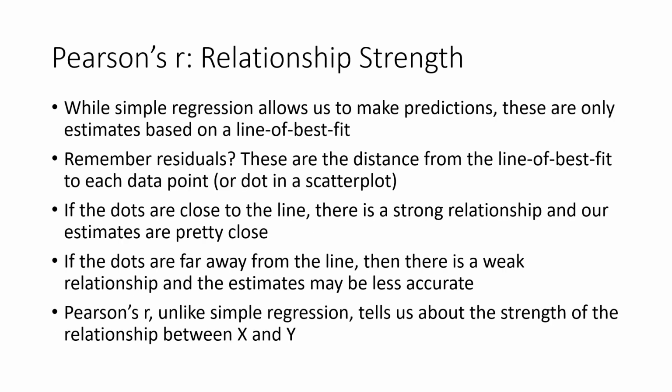Okay, so we've just gone through an example of how to use simple regression to solve for b, our coefficient, and a, our y-intercept. Now let's go through an example using the same data set, but this time looking for Pearson's R rather than b. Right? So Pearson's R is a standardized coefficient that says something about the strength of the relationship between x and y.